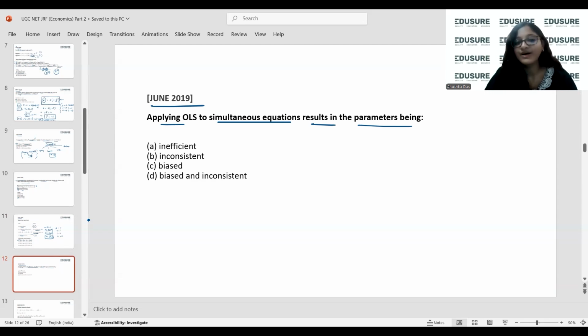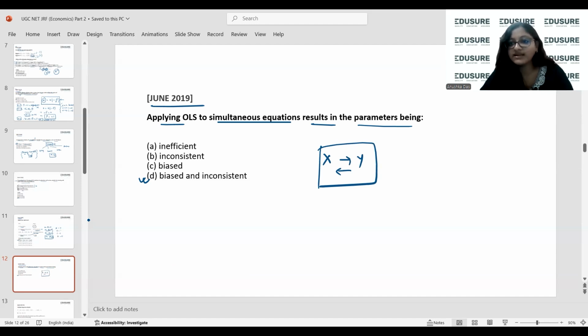It's very important to remember that if simultaneous equation is there, simultaneous means bivariate, bidirectional causality exists. So basically X causes Y and Y causes X. In this kind of scenario, the explanatory variables in your model get correlated with the error term, which is strictly a violation of the assumption of CLRM, if you remember, right?